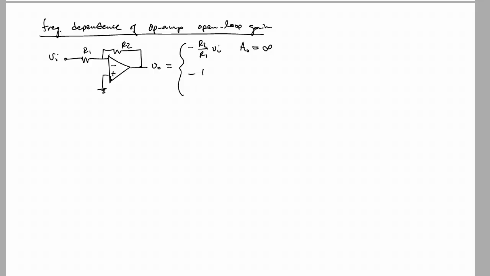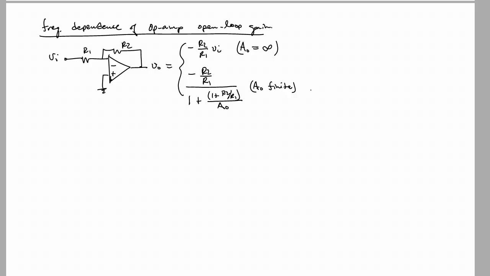Now if the op-amp has a finite open loop gain, then we will have this expression. It will be minus R2 over R1 over 1 plus the quantity 1 plus R2 over R1, all of that divided by our open loop gain. Now you can see that when A naught goes to infinity, that term vanishes and we arrive at minus R2 over R1 times VI.